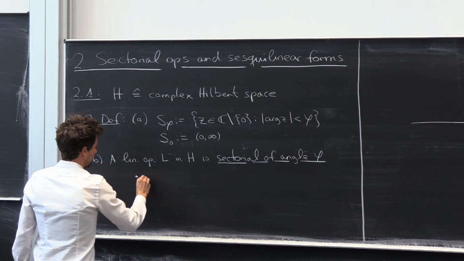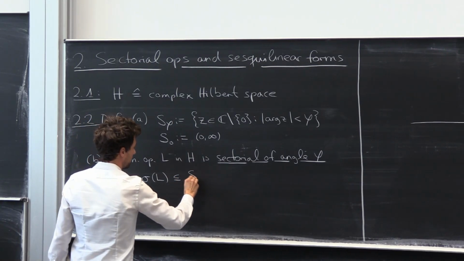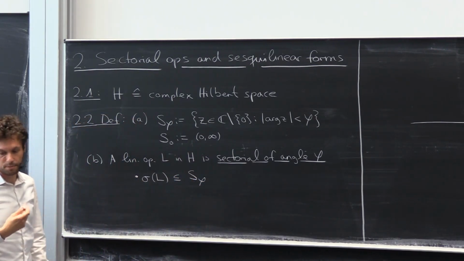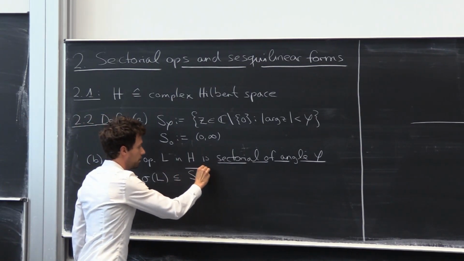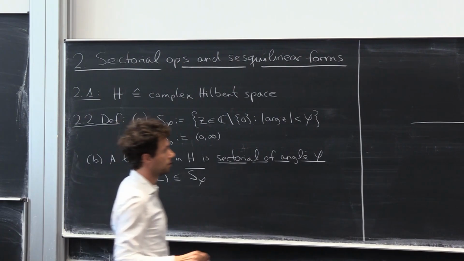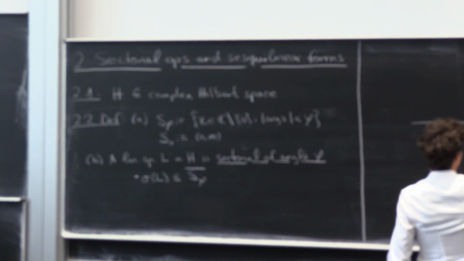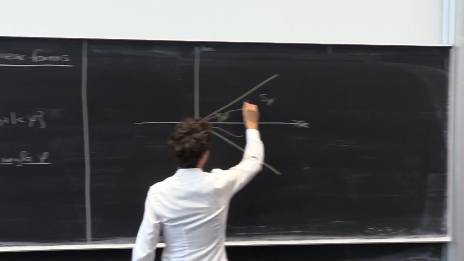First thing is I want the spectrum of the operator to be a subset of the closure of the sector of angle phi. Okay, so that means that the spectrum drawn in red here is some subset of this sector.